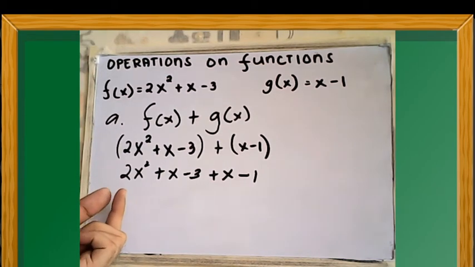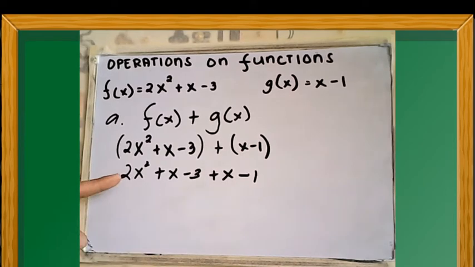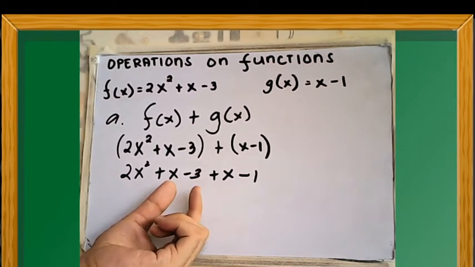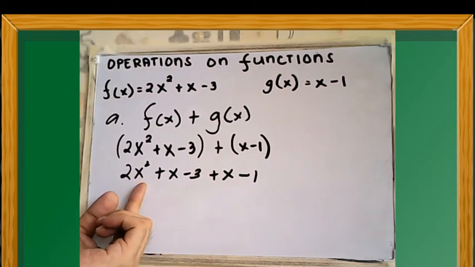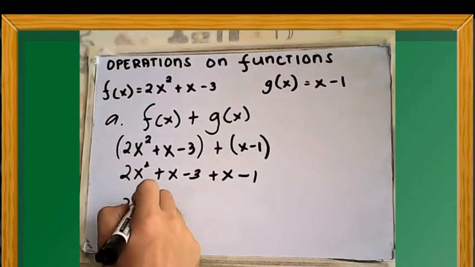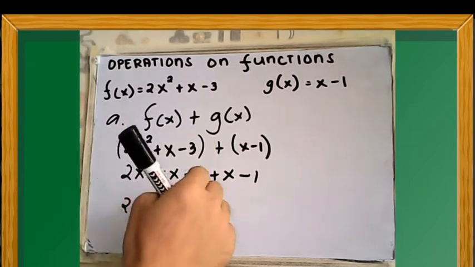Next, simplify or combine like terms. The first term, 2x squared, so the degree is 2. So aside from the first term, no other terms with variable x and degree 2. So susulat lang natin yung 2x squared, since wala namang ibang variable na may exponent na 2.